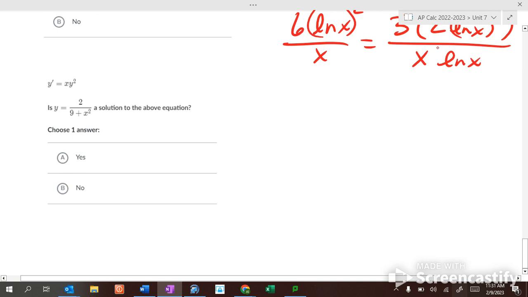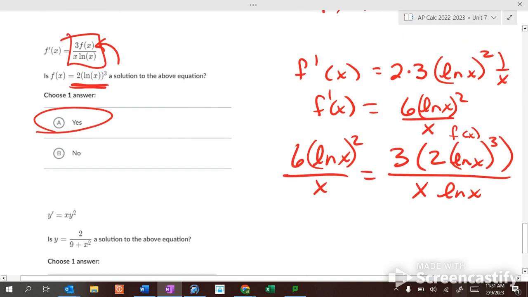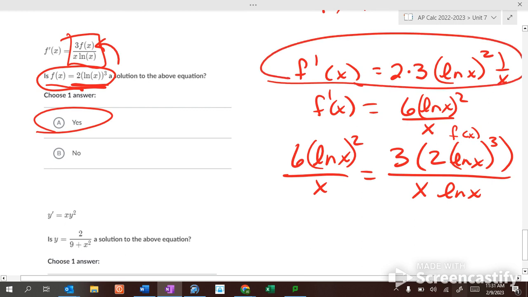So this one. Whoa. Going back up. So, f of x and then ln of x. Okay. So you take the first derivative of this, which is this, and then you stick that first derivative on this side of the equation, and then you plug this into that side of the equation, and you solve to see if they're equal.